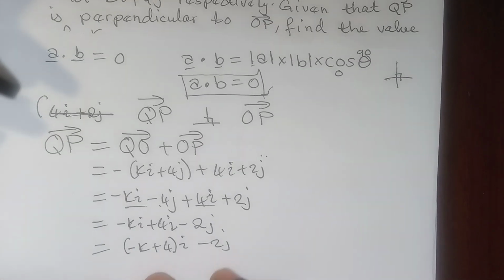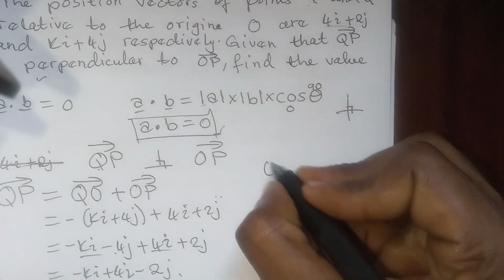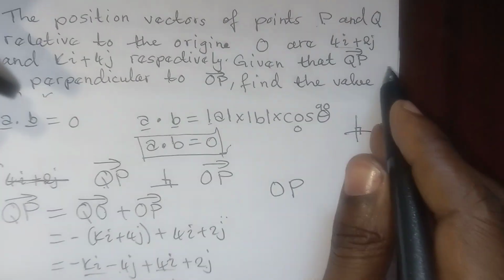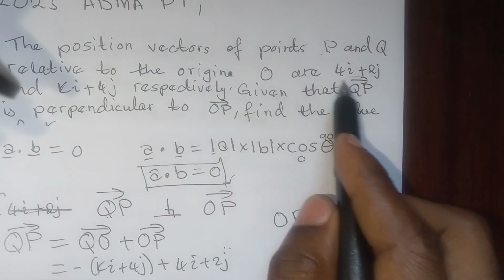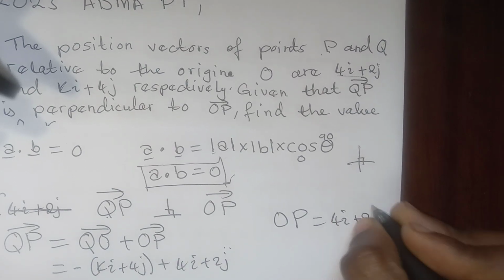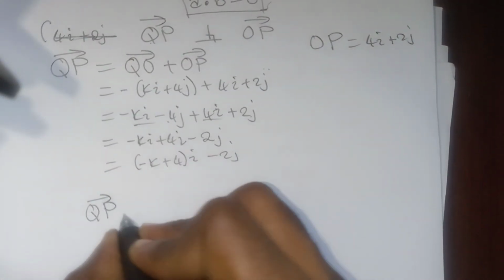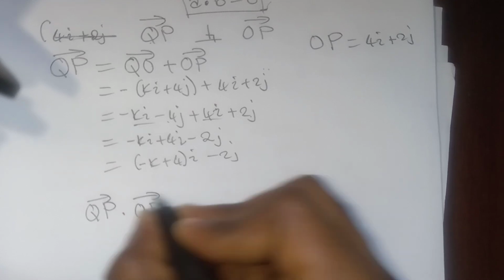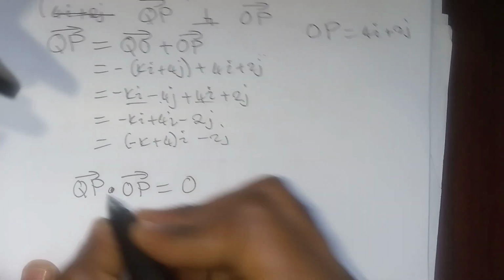So now this is perpendicular to OP, and from here we can see that our OP is the first one, 4i + 2j. That means QP multiplied by OP is 0, the dot product.